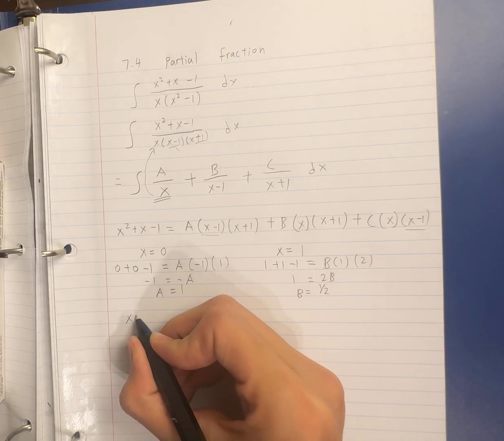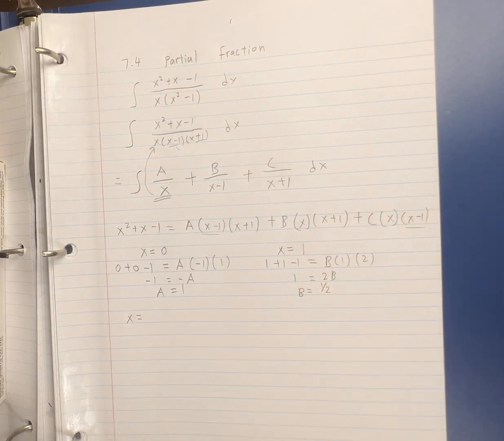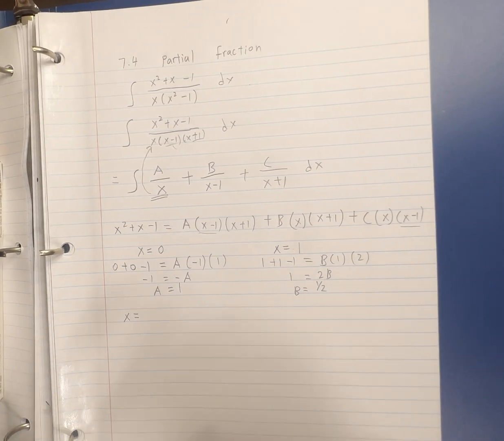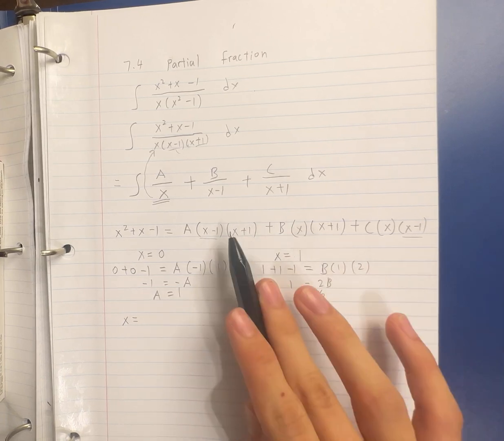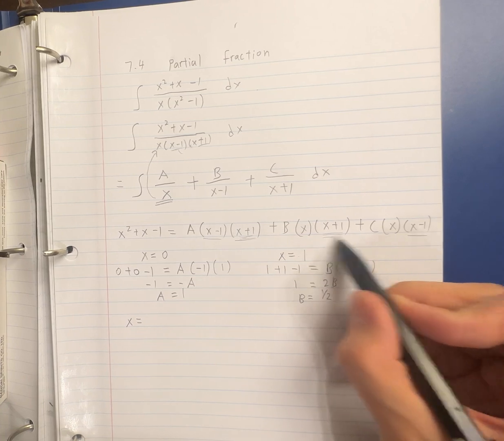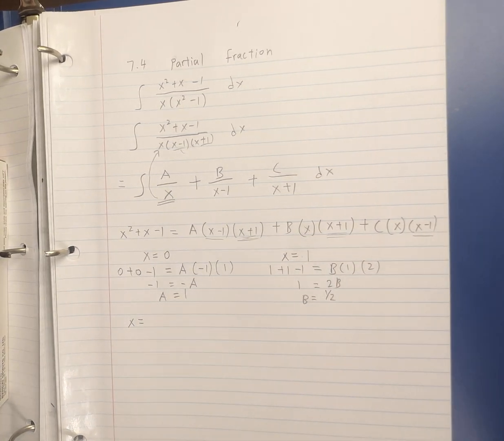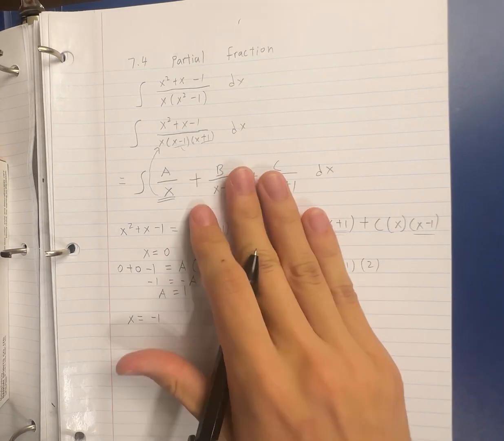Next one, which is the last one, C. We use the method I used earlier. You notice that both A and B have x plus 1. A has x plus 1 over here, B has x plus 1 over here. So that tells me that if I set x equals negative 1, I can get rid of these two.